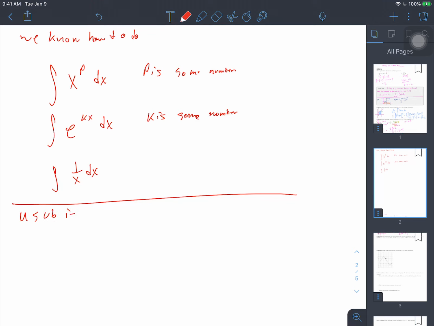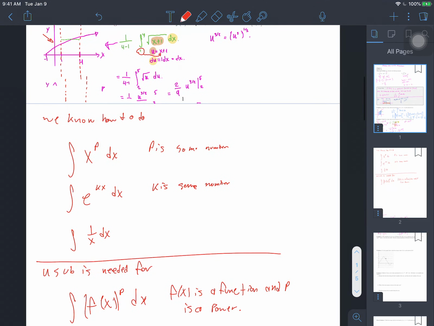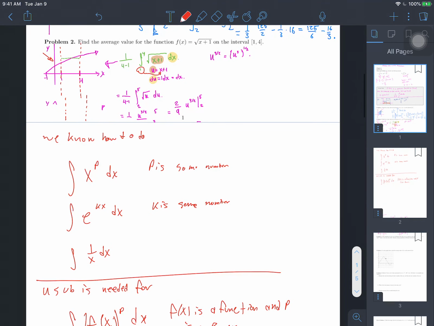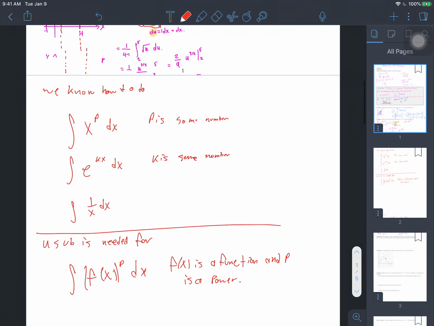U substitution is needed for something like the integral of f of x to the p dx, where f of x is a function and p is a power. So this is the category that our problem fell into. We had the function x plus 1 being taken to the power 1/2. So we needed u substitution.